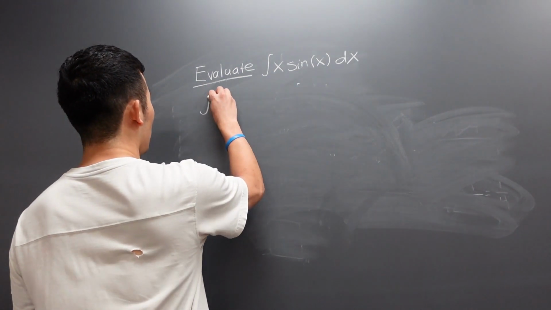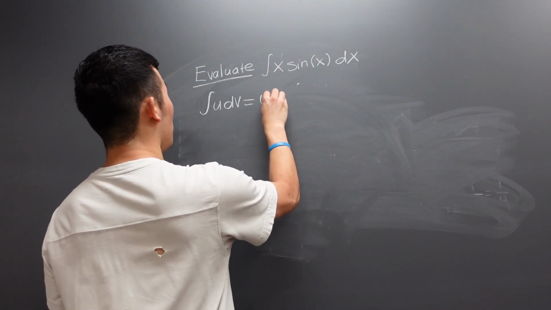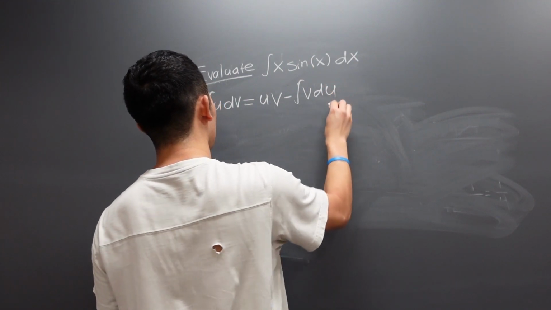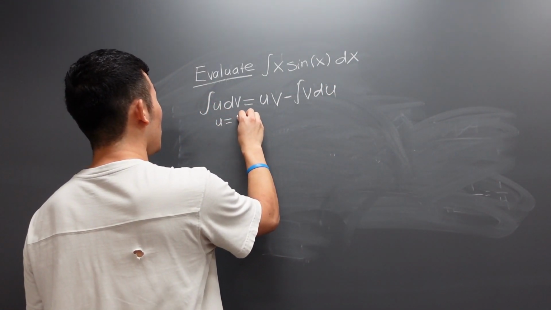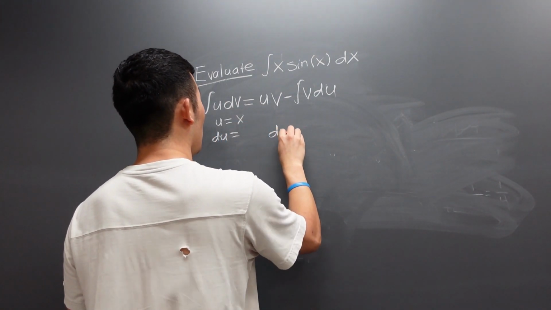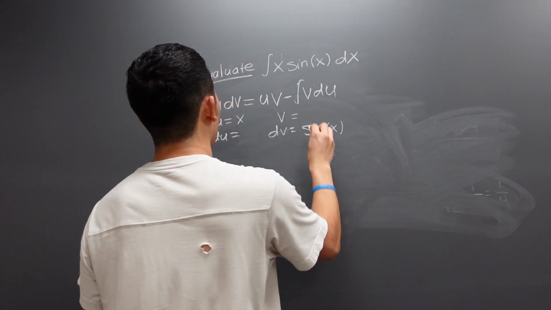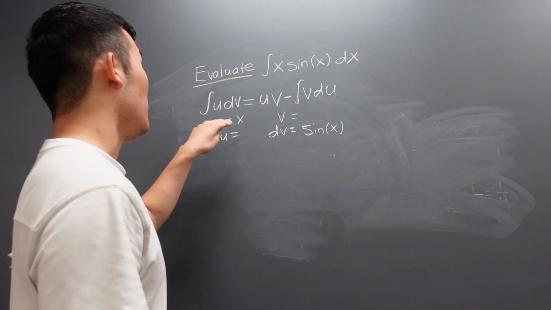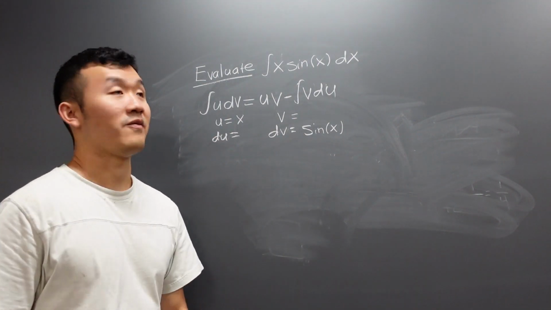So let me rewrite this to remember: the integral of u dv equals uv minus the integral of v du. u would be x, and dv would be sine of x. Right, since I had u as x and dv as sine of x from the top.